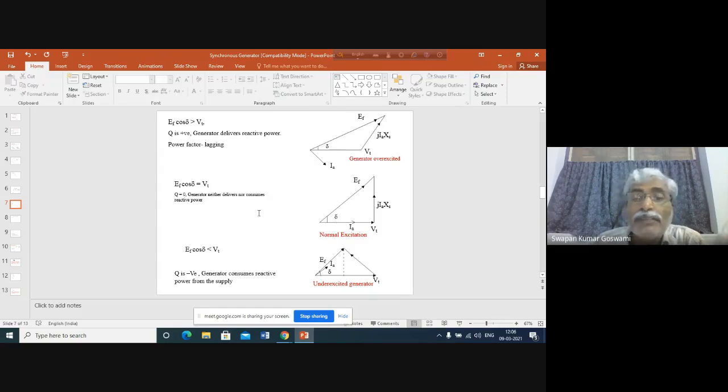So the excitation corresponding to zero reactive power is called normal excitation, and obviously the field current here is more than that value. That's why it is called the over-excited condition. Generator over-excited means the generator field current has become greater than the field current corresponding to the normal excitation.